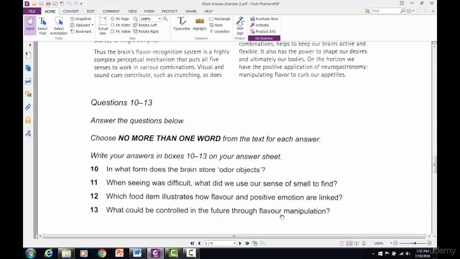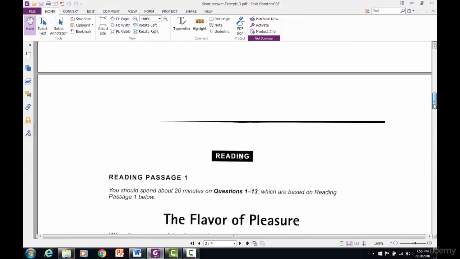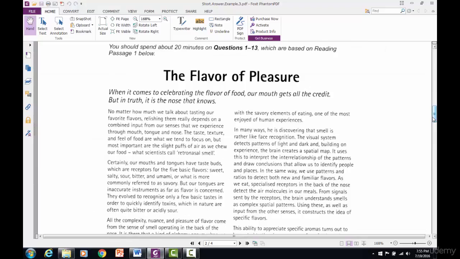All right, so actually, we could start at number 10. Number 10 is going to be easy to find because of odor objects. So in what form does the brain store odor objects? Let's go to the beginning and start looking for odor objects. I'm starting right here and I'm scanning down.